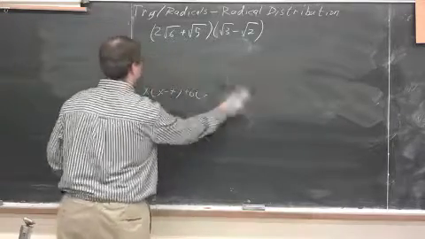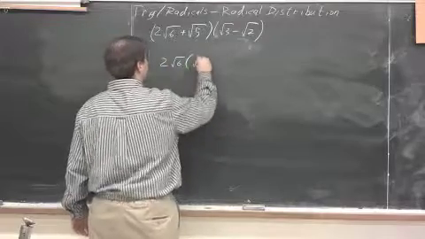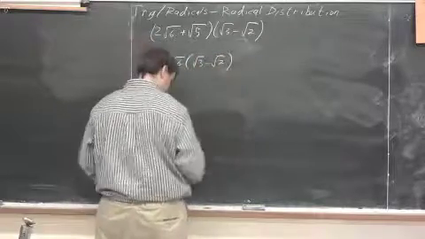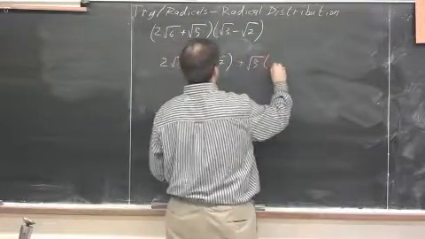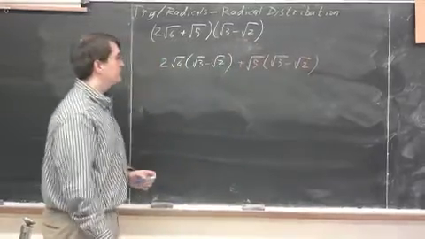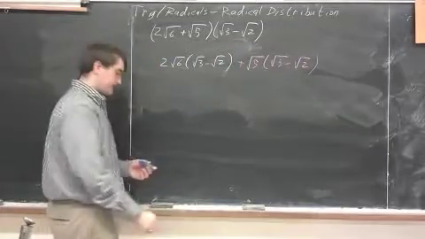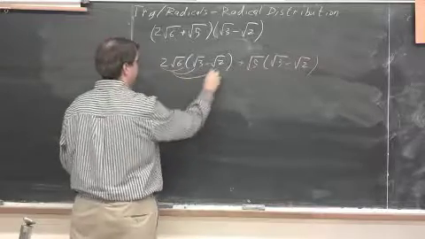So I'm going to take the 2 root 6 and distribute that to the root 3 minus root 2. And then I'm going to take the radical 5 and distribute that to the radical 3 minus radical 2. And of course, when we're distributing a single thing, we just take that and multiply it to both parts.